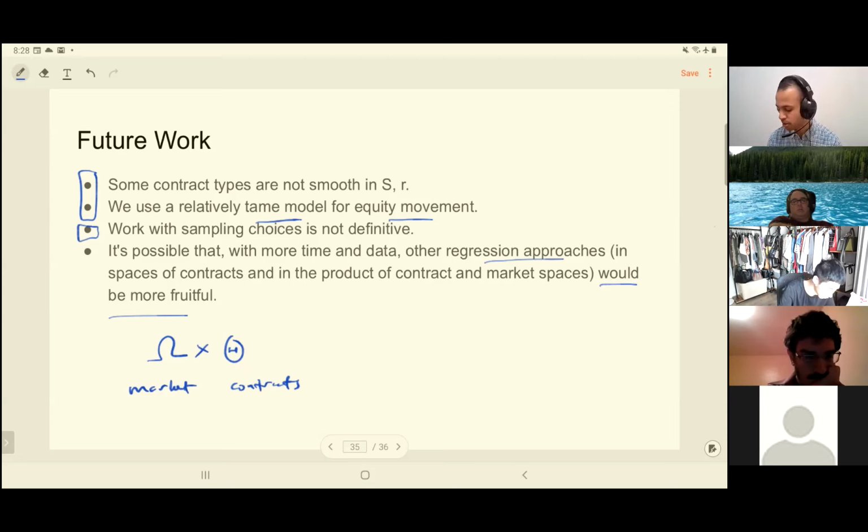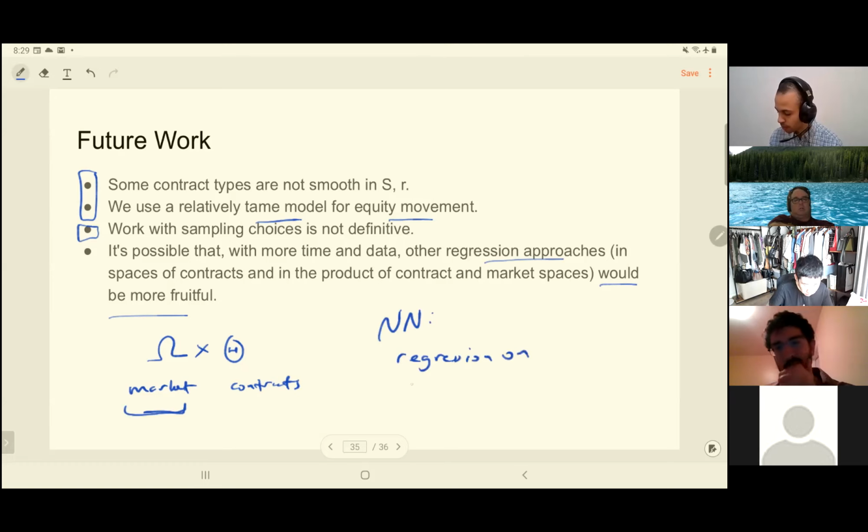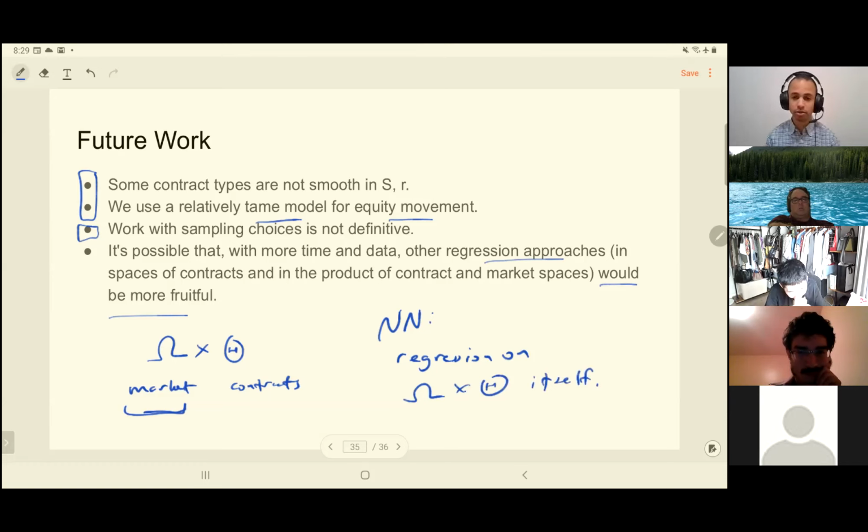Another one of our members actually looked at doing a neural network approach, which would be, instead of just doing a regression in the market space, we would do regression on this whole space itself. So if you can imagine, the function that describes the true value of these various contracts that the insurance company is underwriting depends in a very complicated way on the interaction between the markets and the contract parameters.